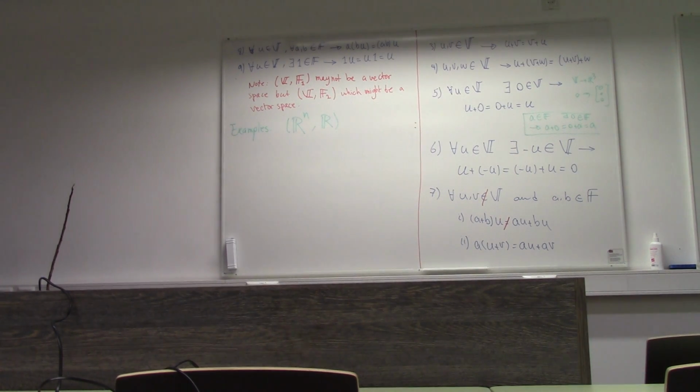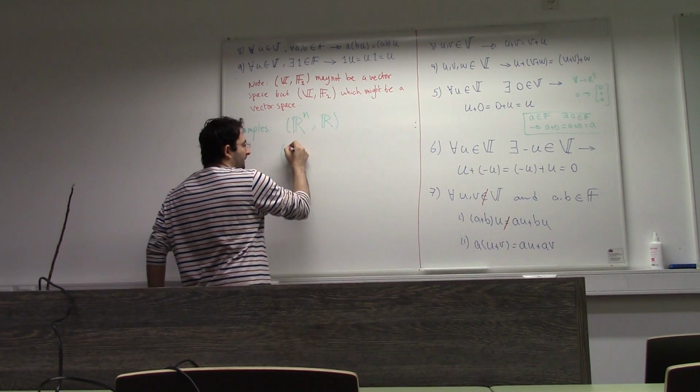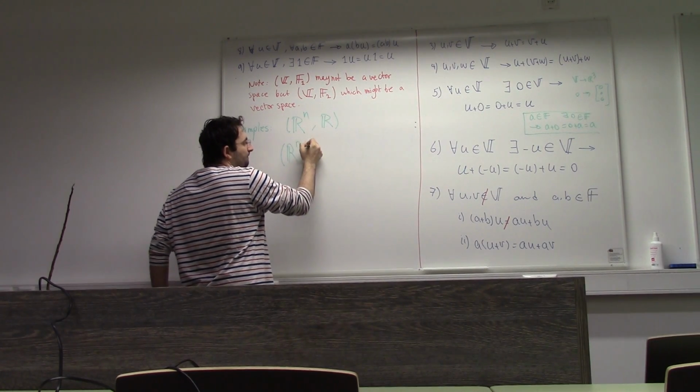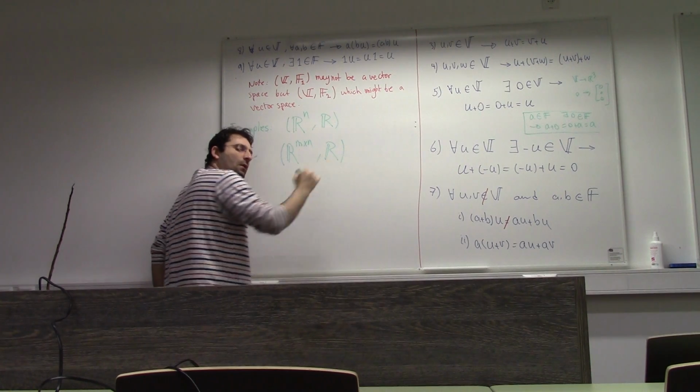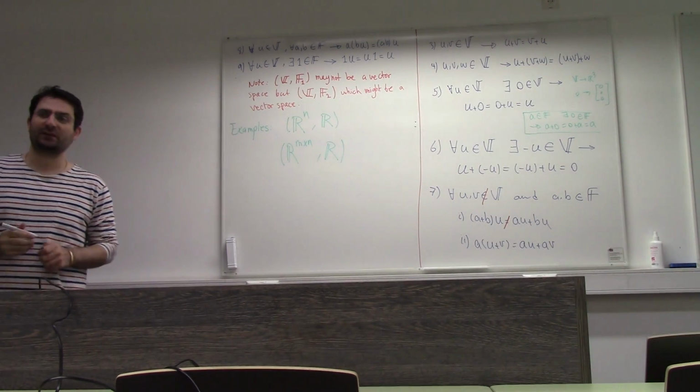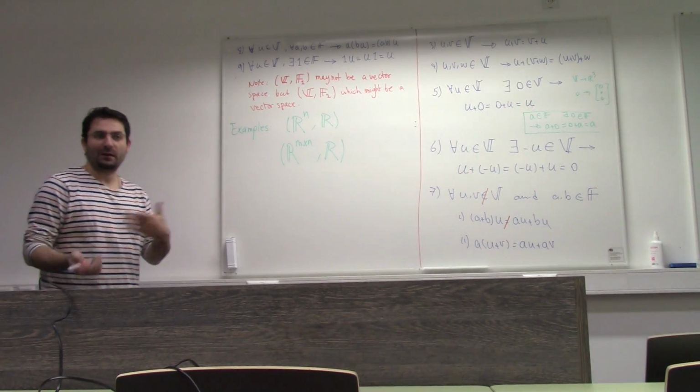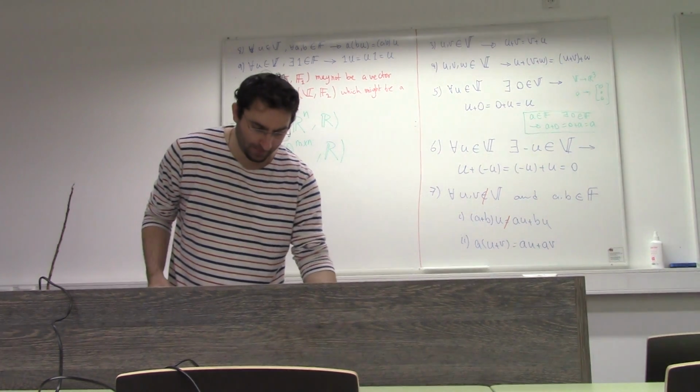The column vector Rn and the field R: always a vector space. Matrices, real valued matrices over real numbers: always a vector space. Remember, a matrix is a vector, right?